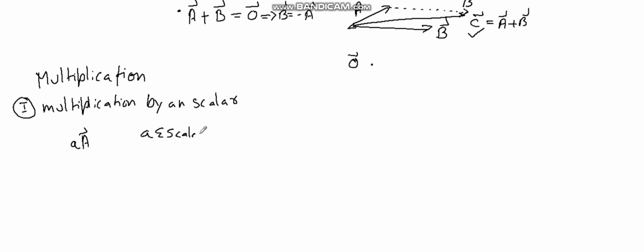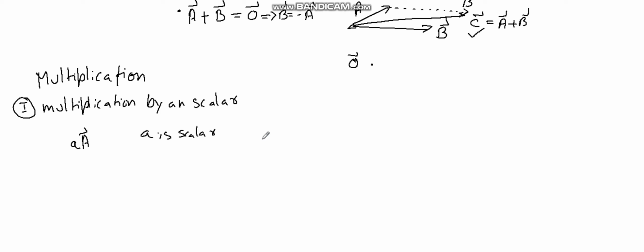So what does it mean? What does a scalar a do geometrically to this vector?